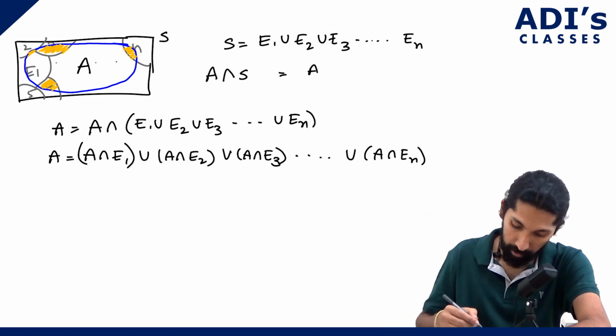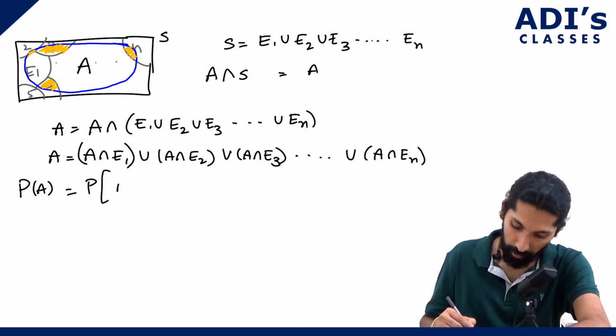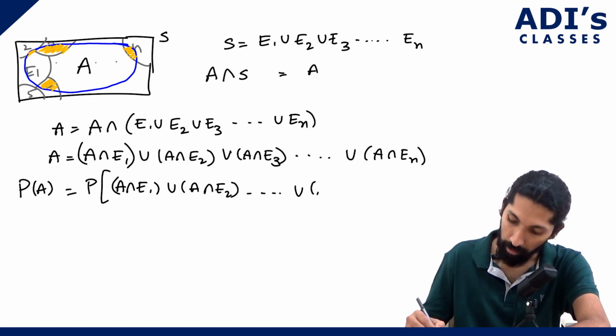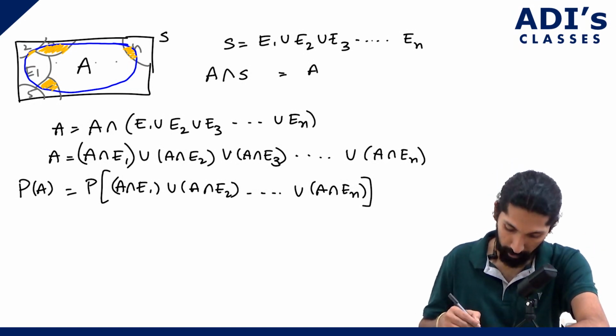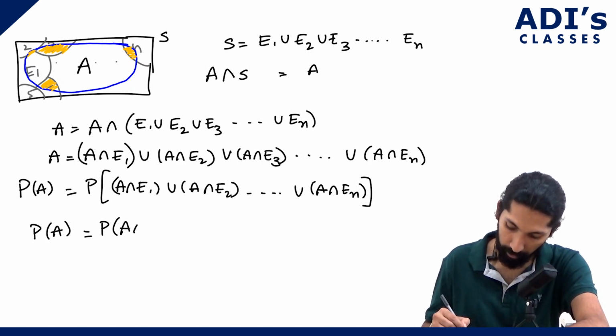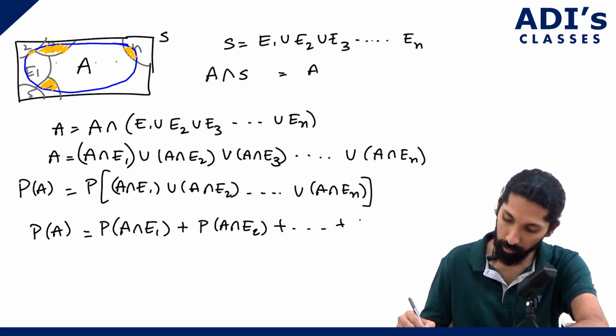That means P of A is nothing but P of (A intersection E1 union A intersection E2, and so on, union A intersection En). Since all of these are disjoint sets, we can write P of A is equal to P of A intersection E1 plus P of A intersection E2 plus, and so on, till A intersection En.